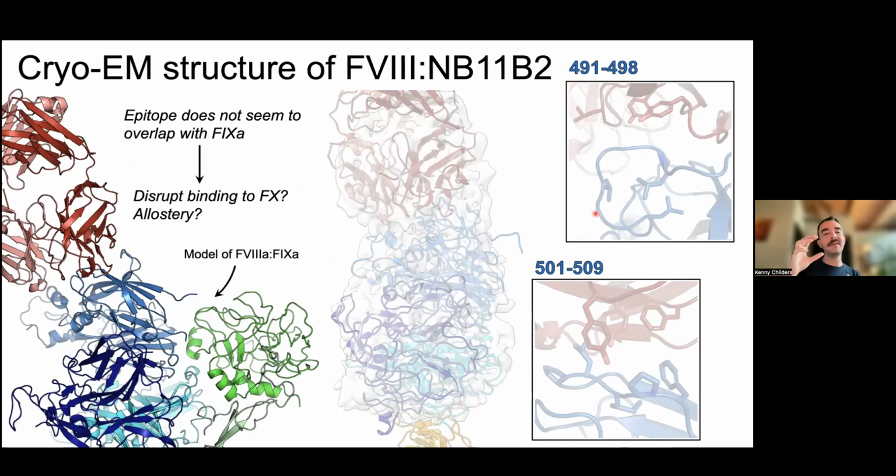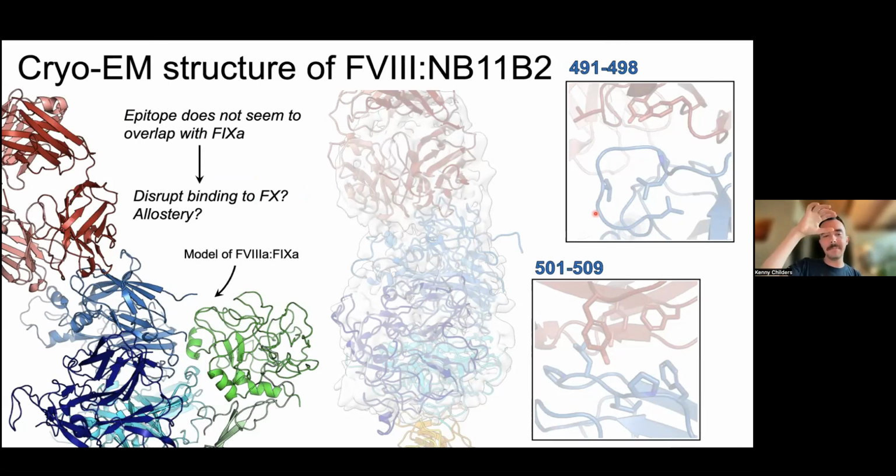So rather than directly inhibiting and competing with factor IX for binding to factor VIII, what we think is happening is it's going to bind to factor VIII and use some sort of allosteric mechanism to disrupt the activation of factor X by forming the intrinsic tenase complex. Somehow, we don't really have a thorough understanding of this yet.